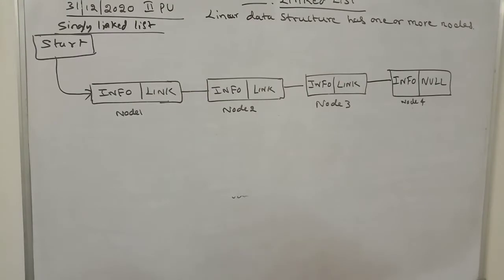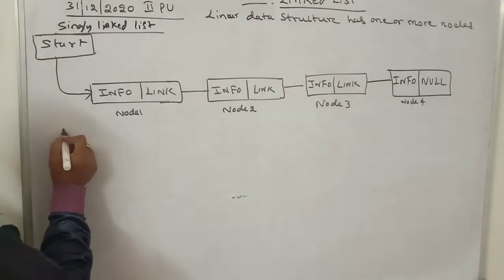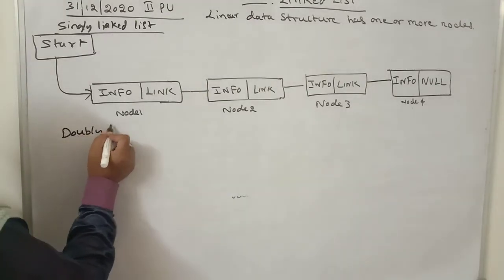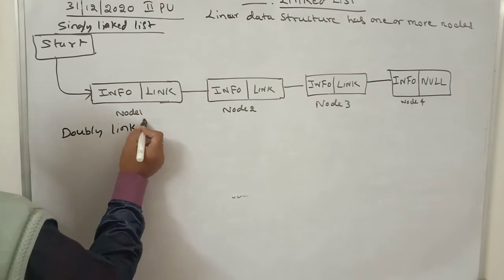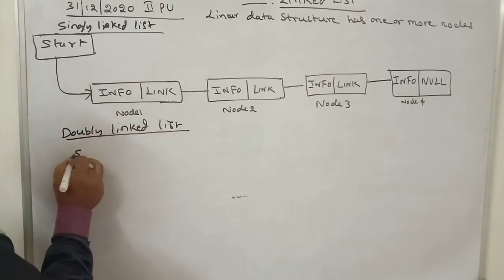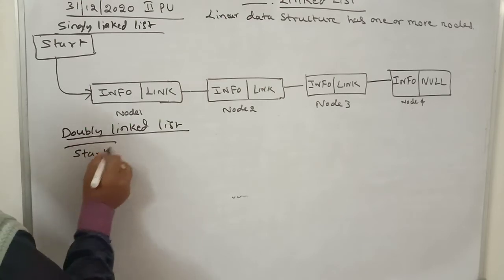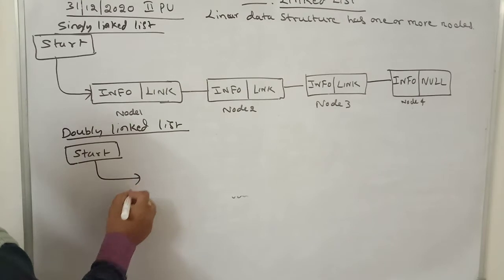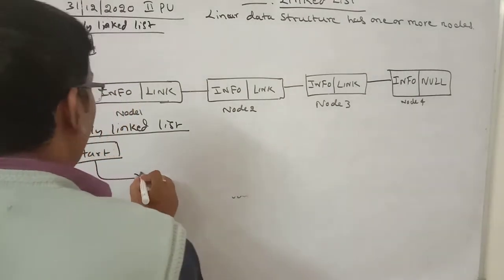Second one, doubly linked list. You have a start pointer, and 2 information parts, 2 link parts here.